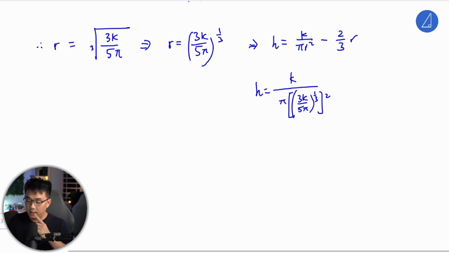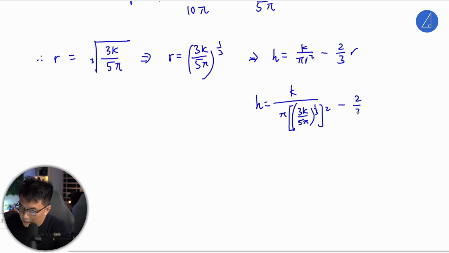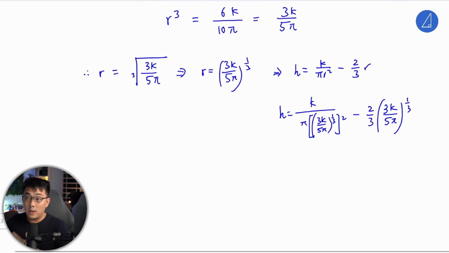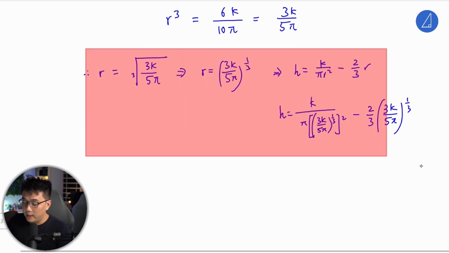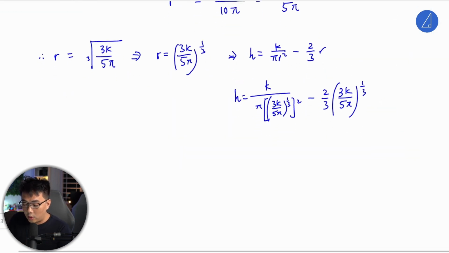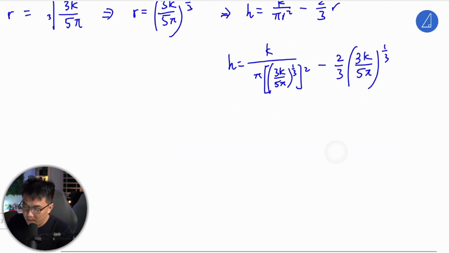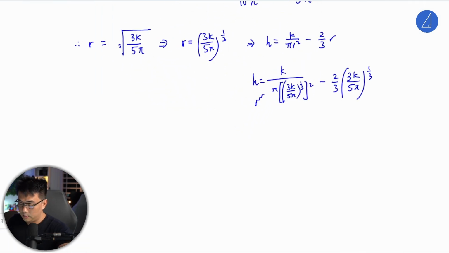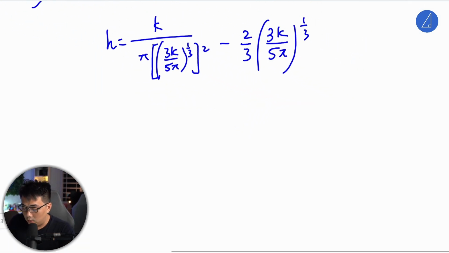Then just replace it in. This is minus 2/3, 3k over 5 pi to the power of third. Now we need to manipulate this. This is actually just secondary school indices, right? It may look horrible, but let's just do it. I'm just going to use secondary school indices law to try and solve this.